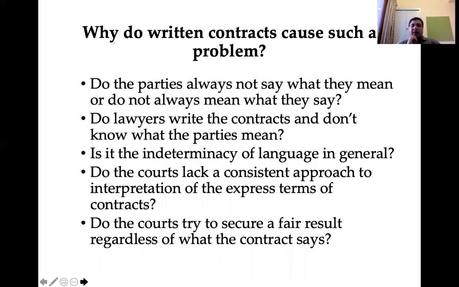Is it the indeterminacy of language in general? Do the courts lack a consistent approach to interpretation of the express terms of contracts? Do the courts try to secure a fair result regardless of what the contract says?